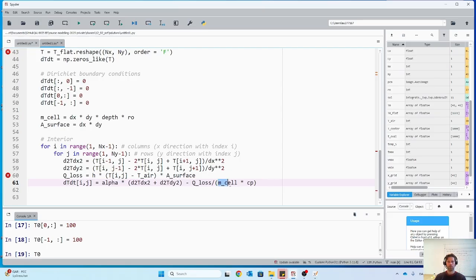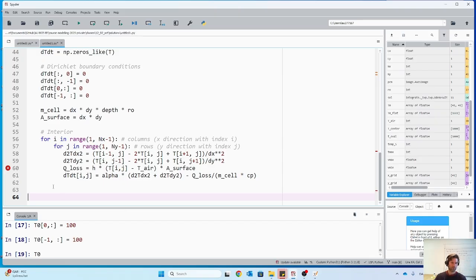If we did not use mass of the cell and we just used rho up here, it would again be in units of per cubic meter, but we want it specifically for the size of the cells at each node. Therefore we use the mass of the cell here to correct for that. Alright.